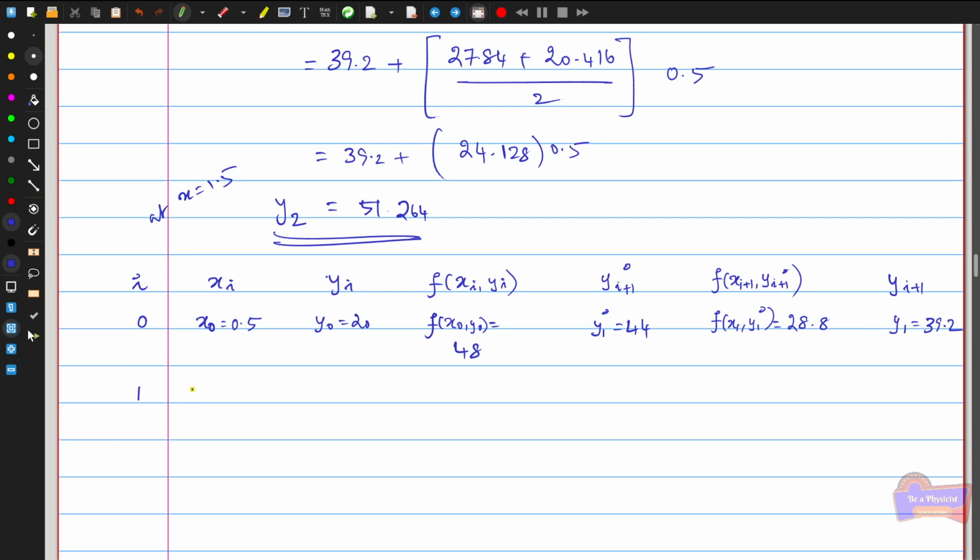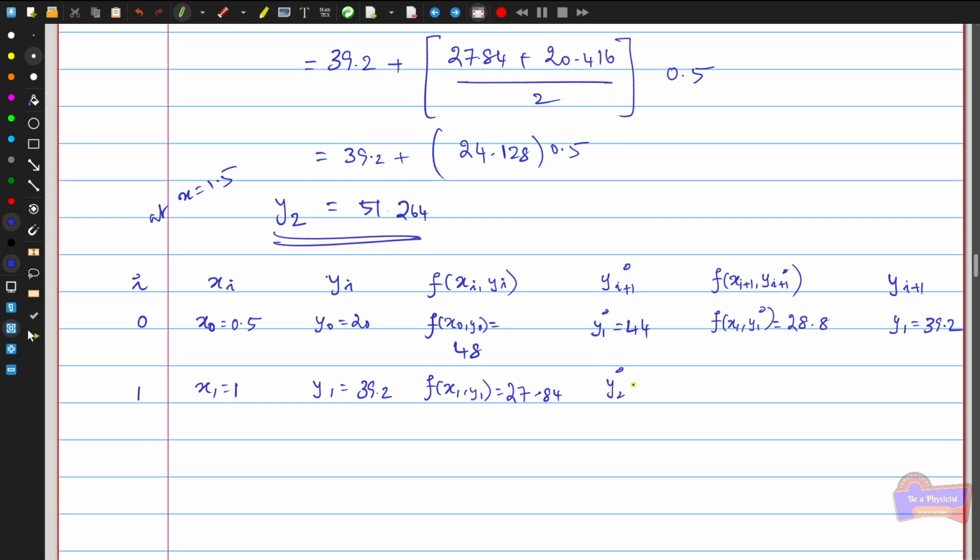Similarly, for i equal to 1, the next iteration, we have calculated x1 equal to 1, y1 equal to 39.2. So f of x1 comma y1 is equal to 27.84, which we have calculated.